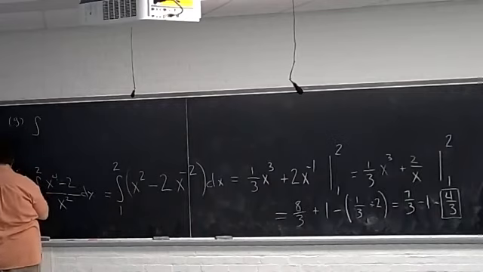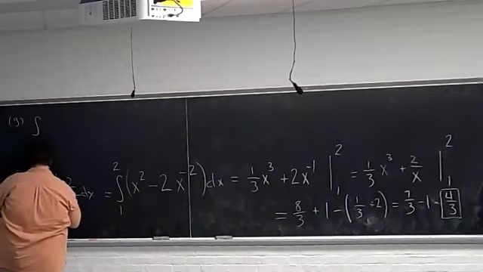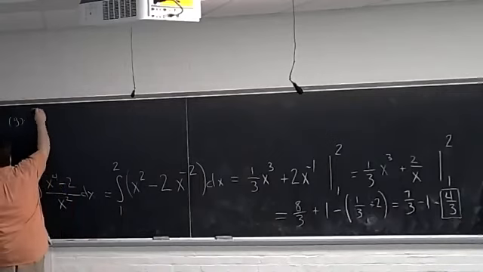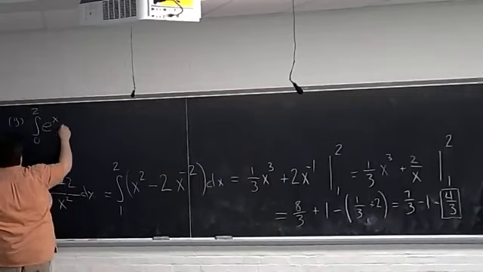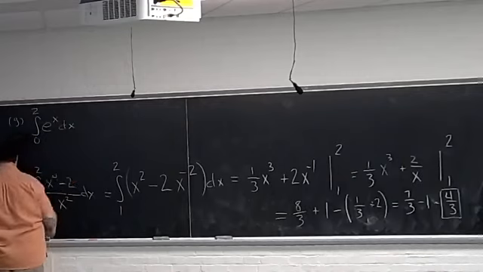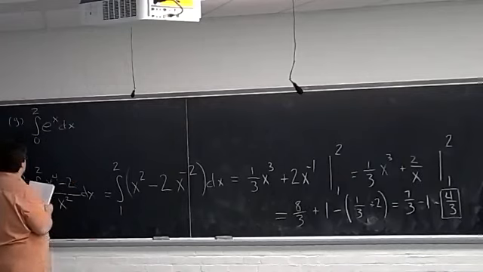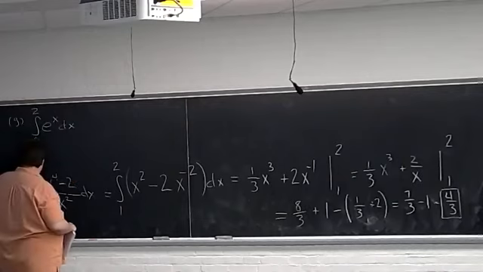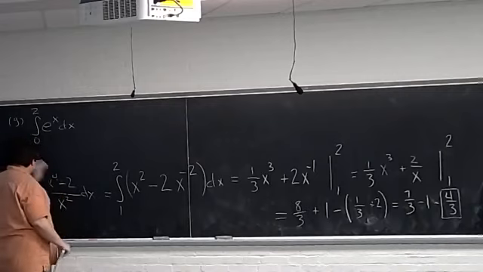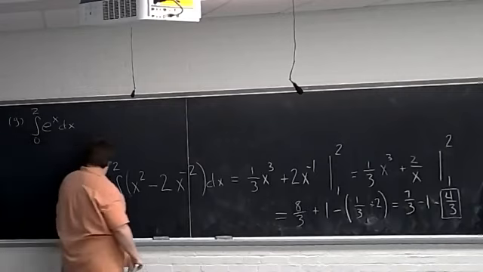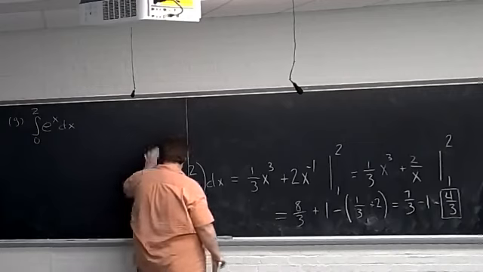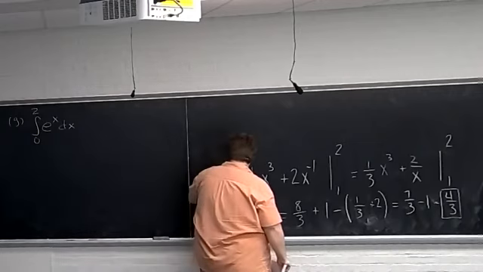Integral, and then we'll do an example, and then we'll make an observation. 0 to 2 of e to the x. Now let's, yeah, okay, e to the x. The worksheet has something like e to the x plus 2. Or maybe that's a homework.